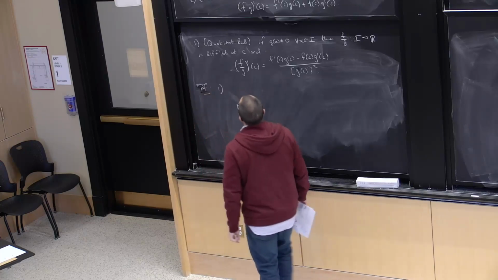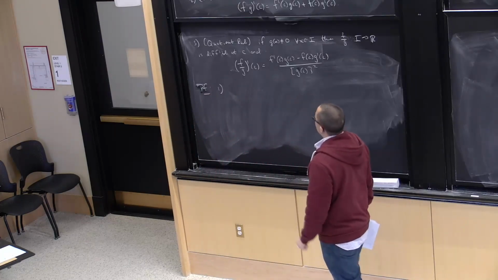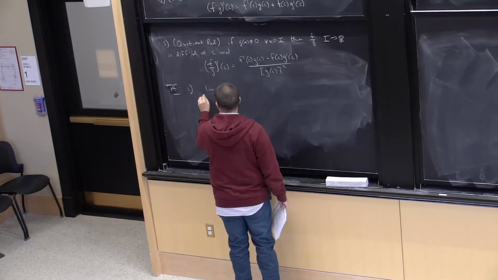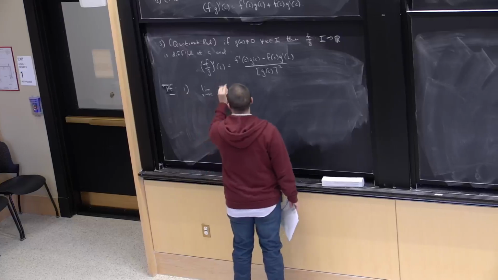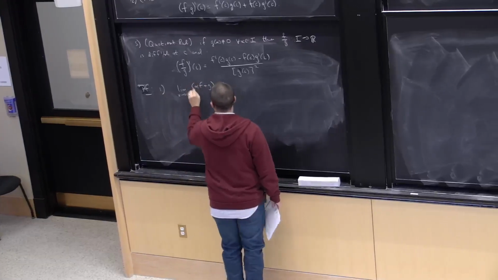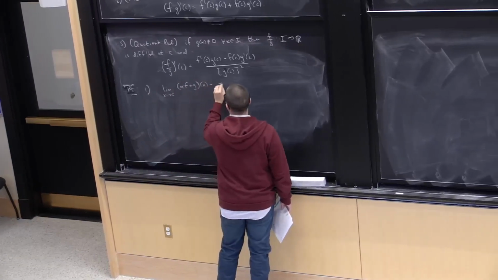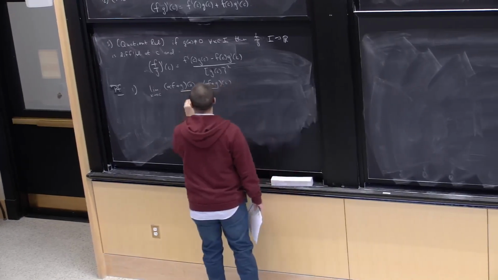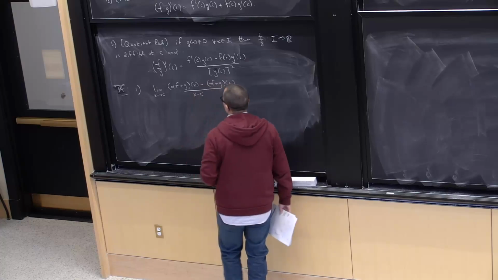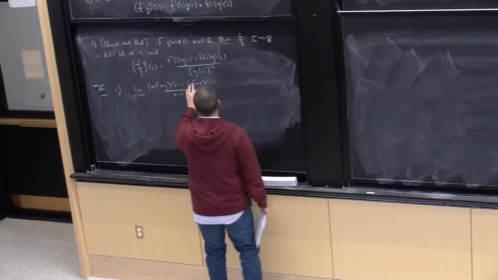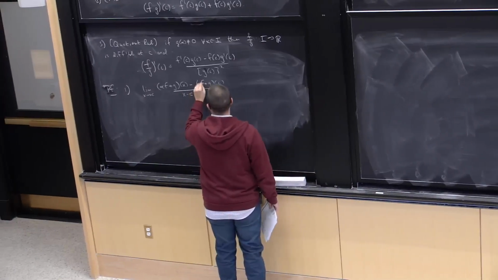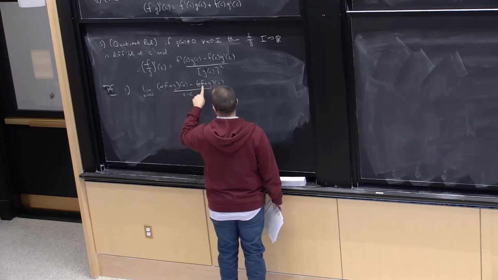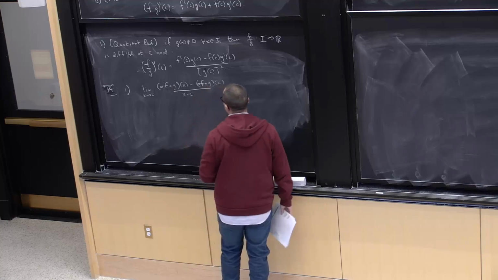All right, so for 1, we just compute that the limit as x goes to c of alpha f plus g of x minus alpha f plus g of c over x minus c. This is just, by definition, alpha times f of x plus g of x minus alpha times f of c plus g of c.